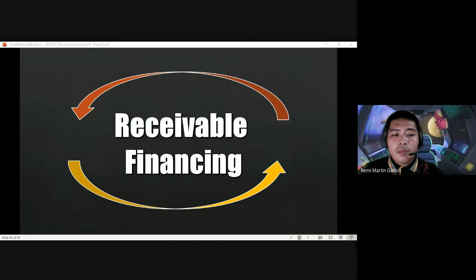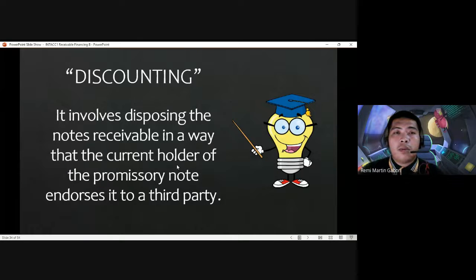Now, we move forward with the next type of receivable financing, which is discounting. Discounting is defined as receivable financing that involves disposing the notes receivable in a way that the current holder of the promissory note endorses it to a third party.